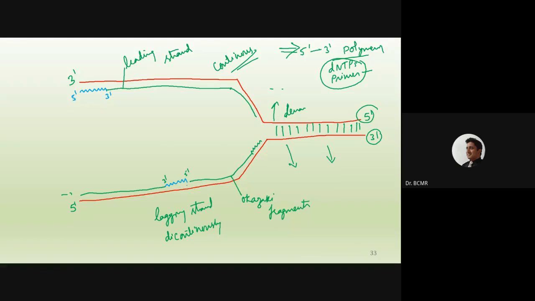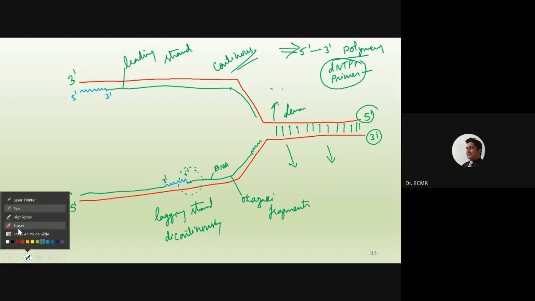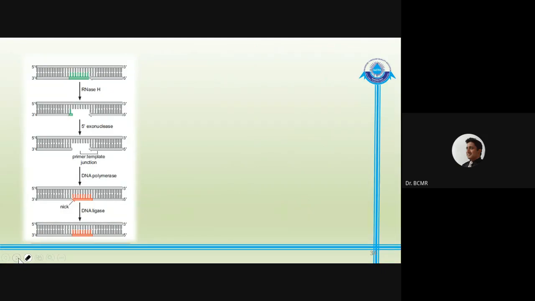This part is DNA, and I'll come to the primers in a while, but you should not join it like this. That is wrong. If you have joined it, that means it is a continuous DNA molecule, which is actually inaccurate. So don't connect it continuously like that.